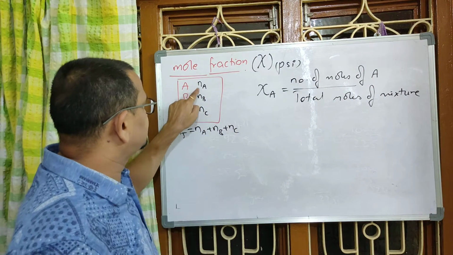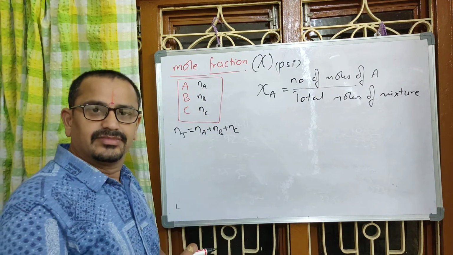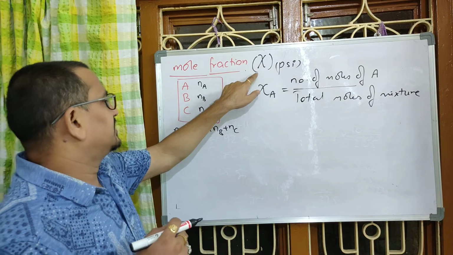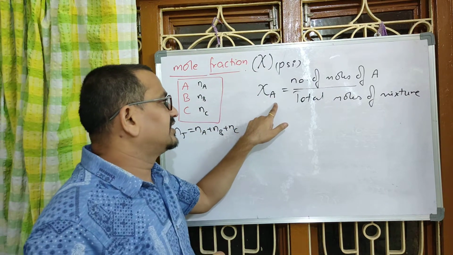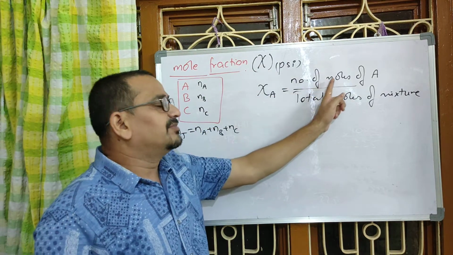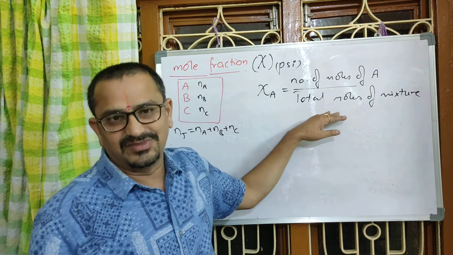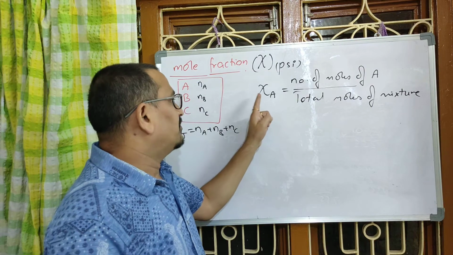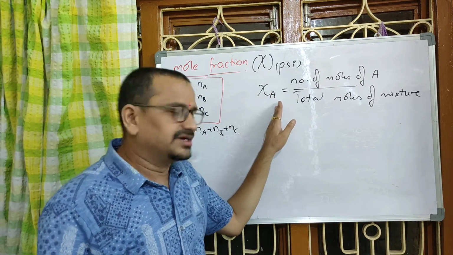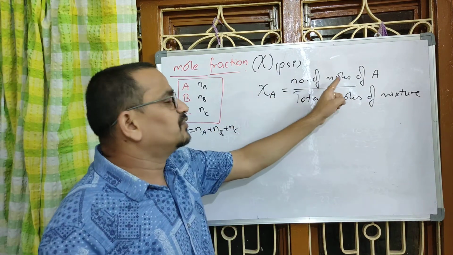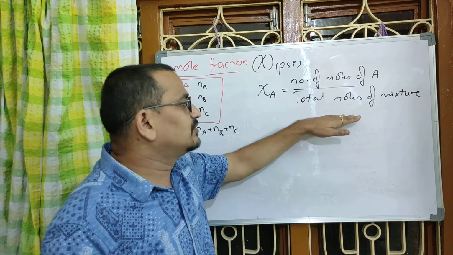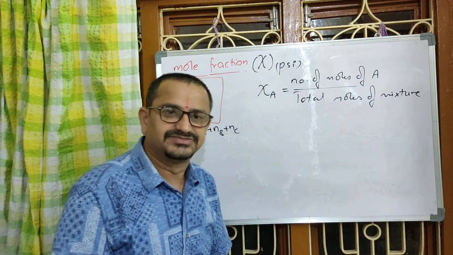What are the total moles? This plus this plus this. So the mole fraction of a component is the ratio of the number of moles of that component to the total moles of all components of the mixture. Once again, the mole fraction of a component is the ratio of the number of moles of that component to the total moles of all components of the mixture, right?